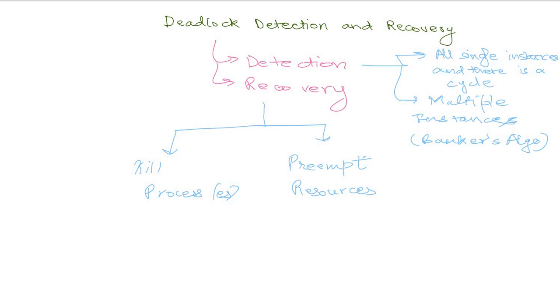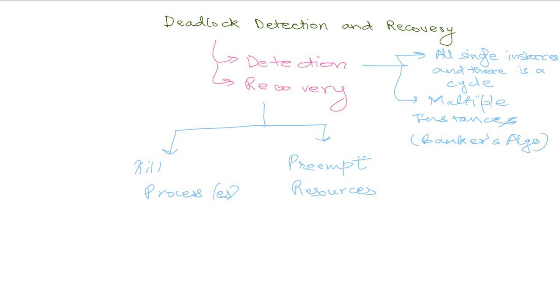But this is very impractical, so this is not a practical method. We might not be able to roll back to the previous state. That's a big problem with preemption of resources.